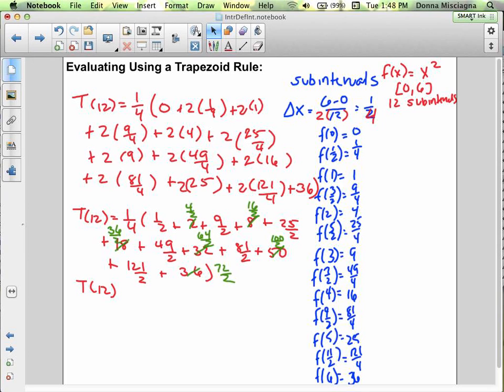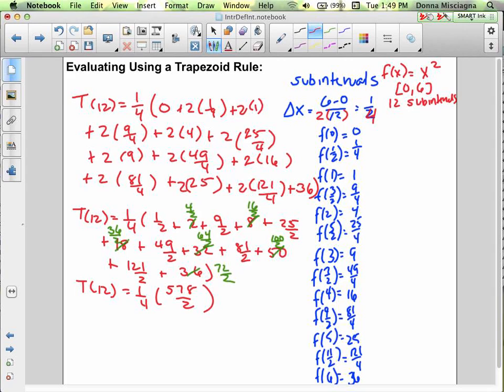That gives me 578 halves. So this would be 1/4 times 578 halves. I can reduce, but just this part here. This part here would be 289. So 289 fourths.